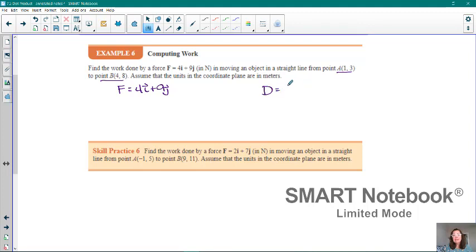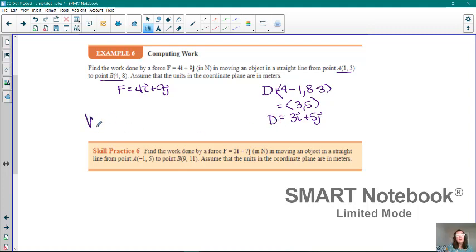That's going to be 4 minus 1, and then 8 minus 3. And the displacement vector then is going to be <3, 5>. Now, it's nice to be consistent, so let's put this in ij form, 3i plus 5j. Okay, so there's our displacement vector.